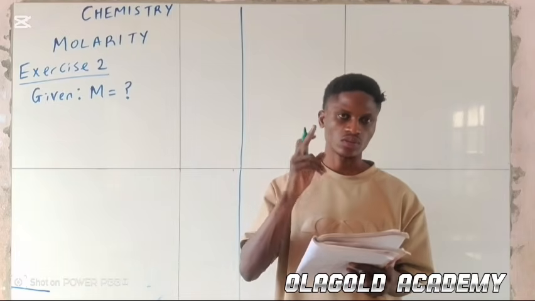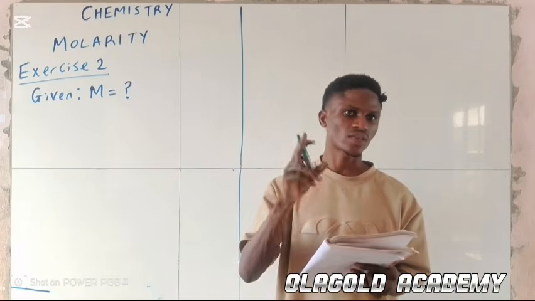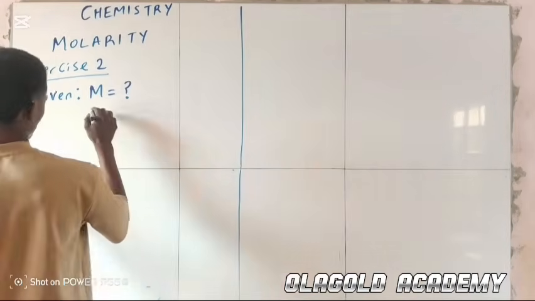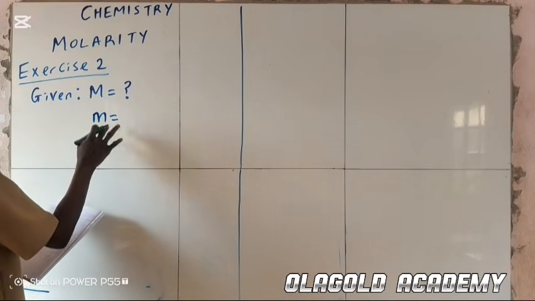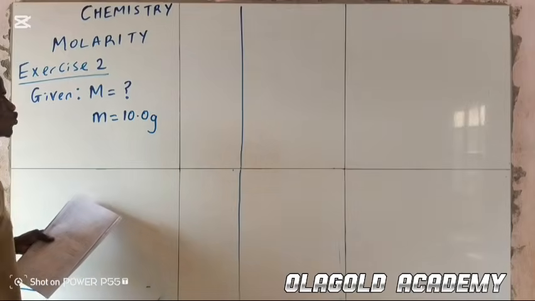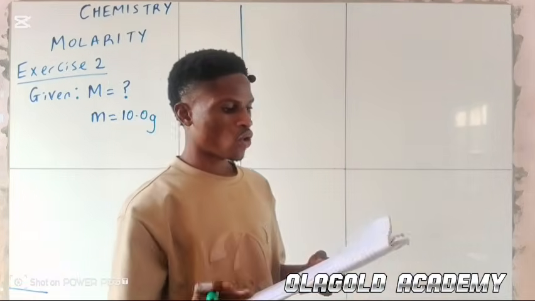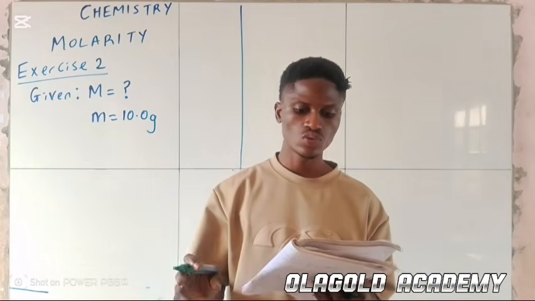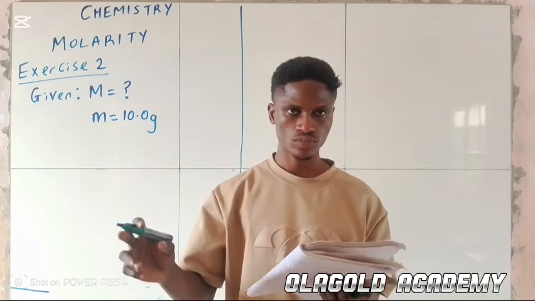Of a solution containing 10.0 gram. Now, take note, the parameter having gram as its SI unit is mass. So we are given mass in the question, that is small letter m, to be 10.0 gram of sodium hydroxide in 250 milliliter solution.